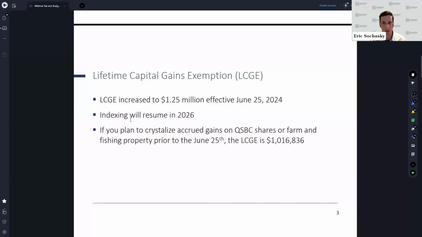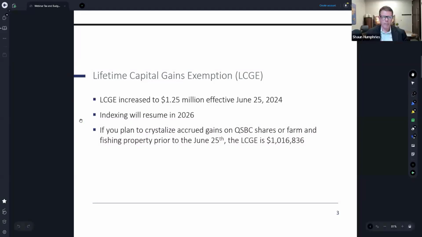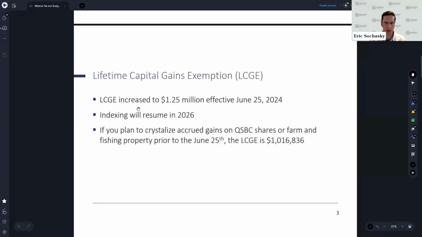So this is going up to 1.25 million, and then resuming in 2026, it'll begin indexing and increasing thereafter. So not a big change, but one that we kind of saw coming.